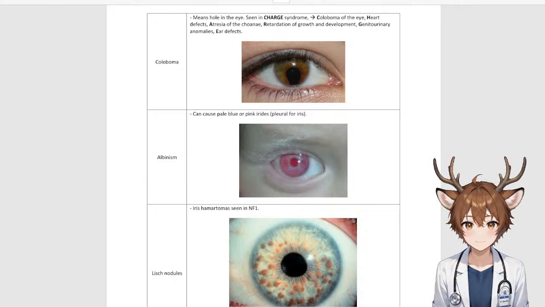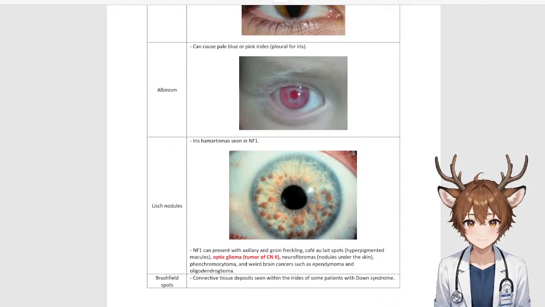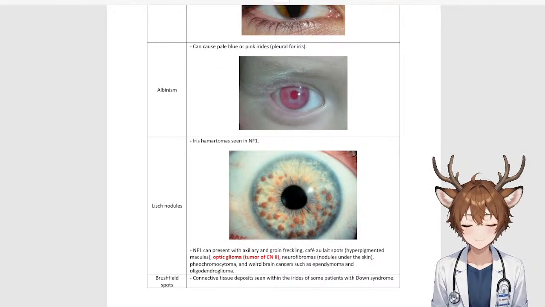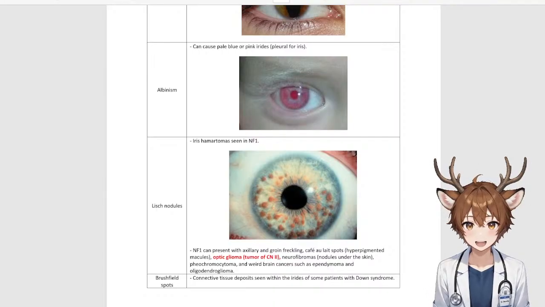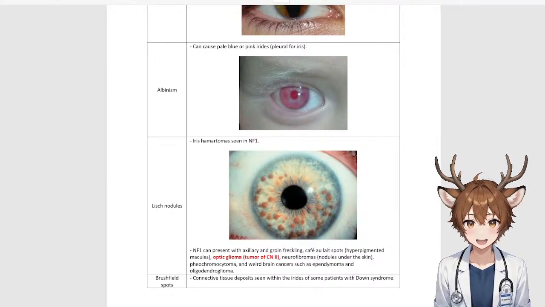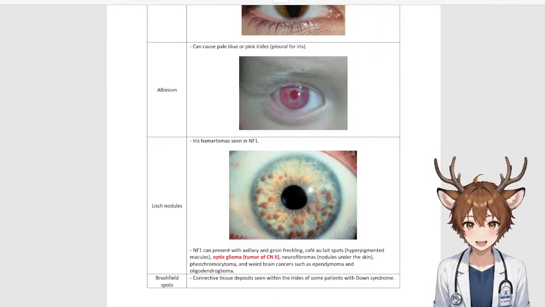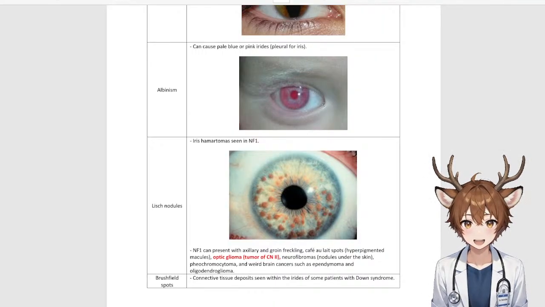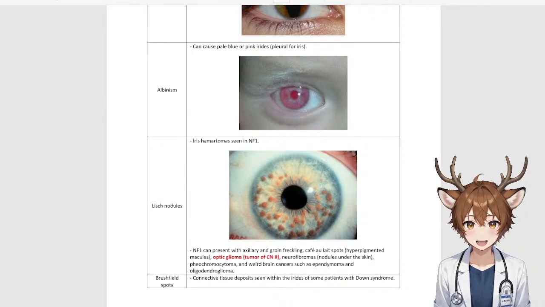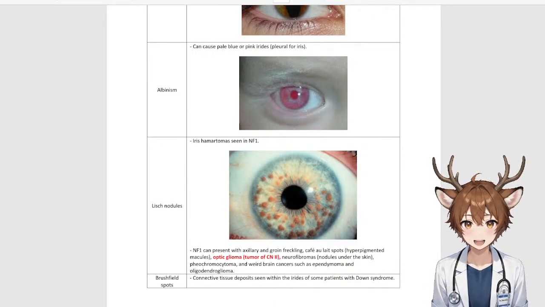Anyway, so albinism. Albinism can cause a pale blue or pink eye. It says iris, right? Plural for iris, I would say irises, but they say irides. That's probably technically more accurate, to be fair. But the iris will be pink or light blue.